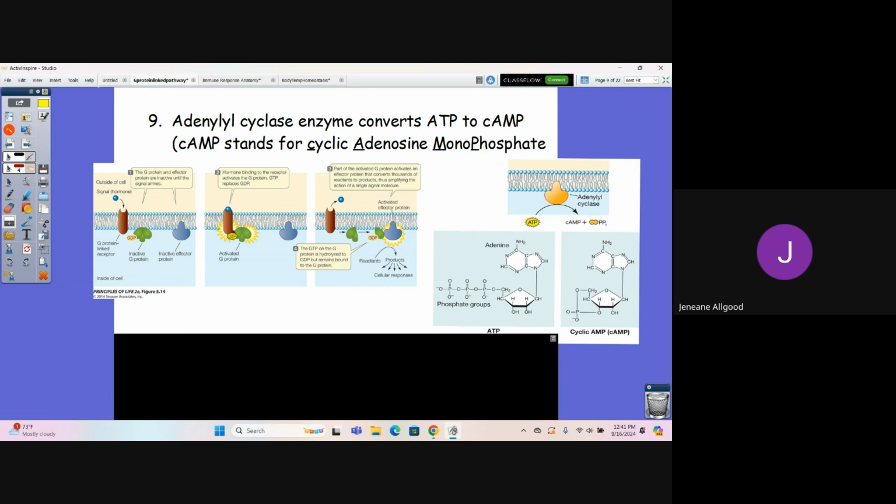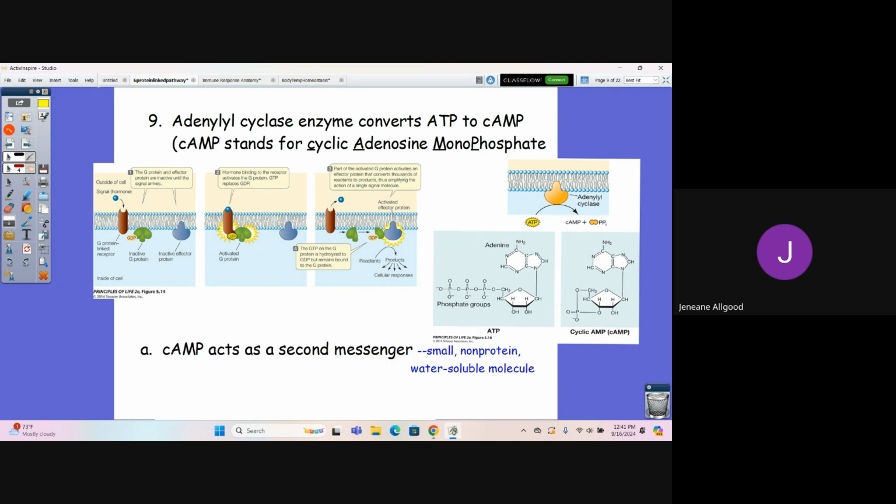Our first messenger was epinephrine. So you have to know, this is like a word association. When you see cyclic AMP, you say second messenger. There are some things in AP Bio that you got to be able to associate those words together, and that's your first one.